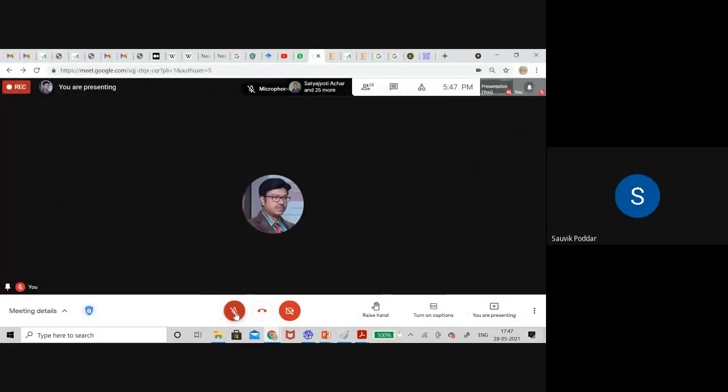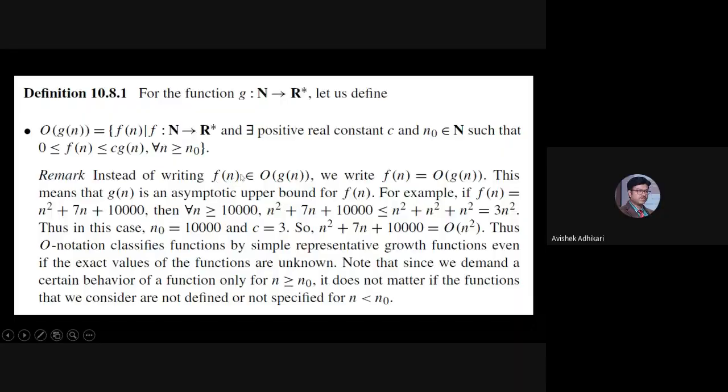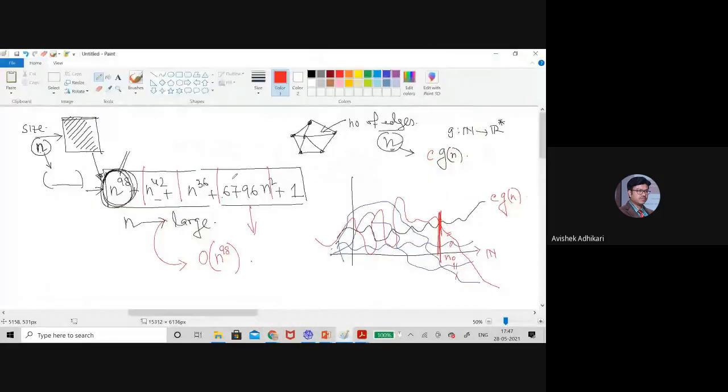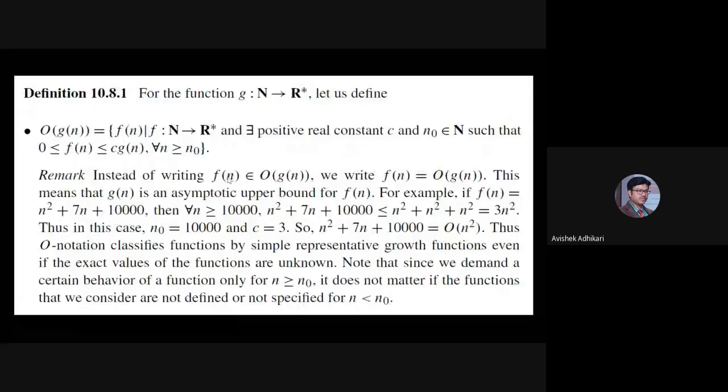So what does the first line imply in the book? Here, according to order of g(n), it must be a set, right? Some function must belong to that set, but we use a different notation. In complexity theory, we use f(n) equal to order of g(n).